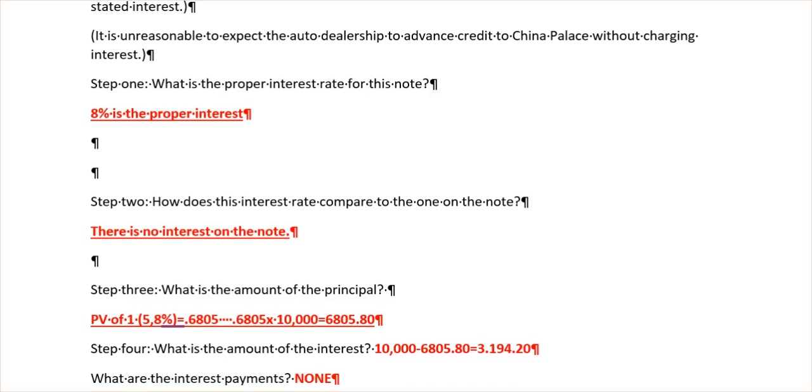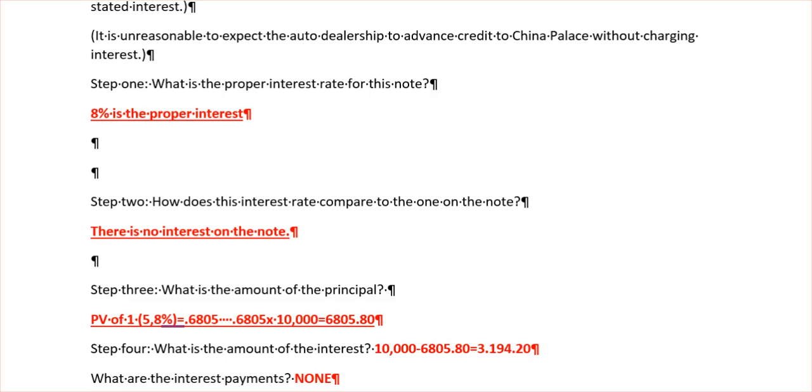So in this case, the present value of the amount which is borrowed is $6,805.80. The difference between the present value and the future value is interest. So the interest or the financing is $3,194.20.